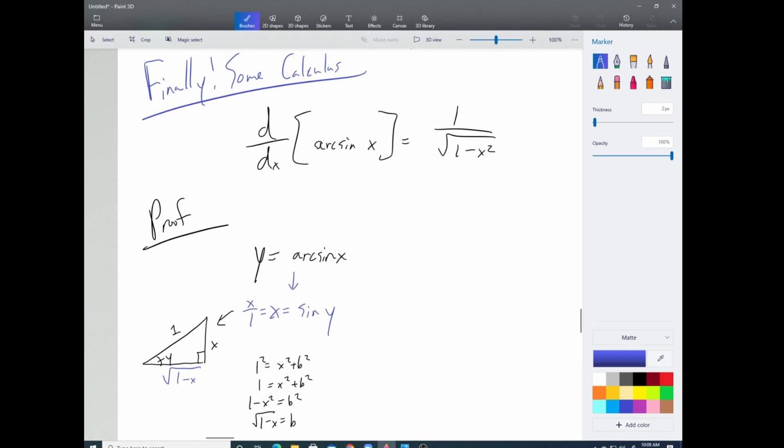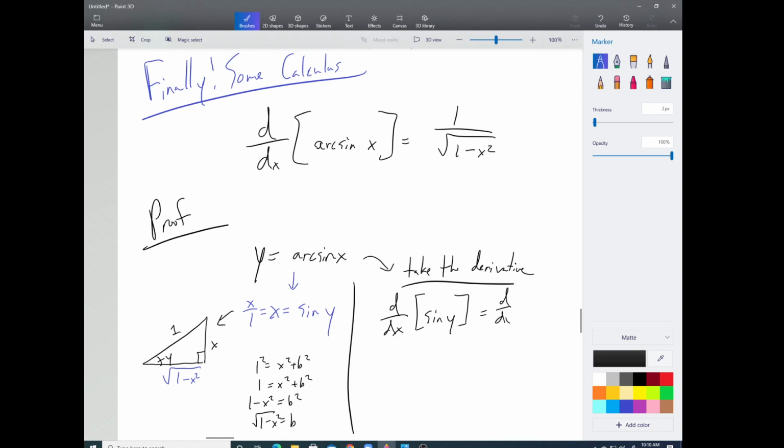Use that to find your missing side. And I will pause for a moment here to let you catch up.